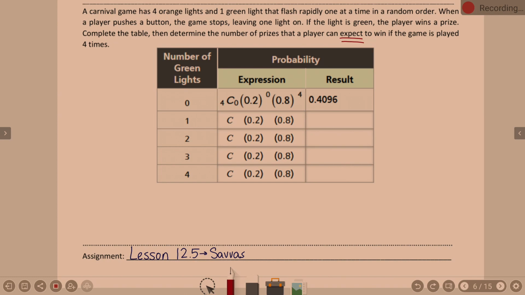If the light is green, the player wins a prize, right? Well, okay, so we're looking at the probability you get a green light, yes?